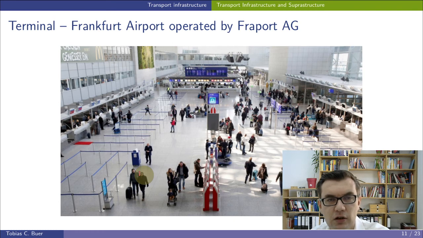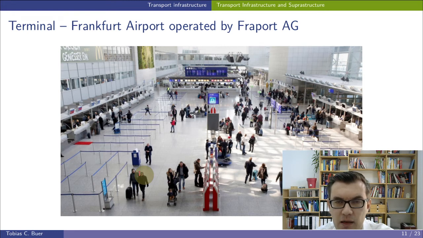This is a picture of Frankfurt Airport, operated by the company Fraport AG, an Aktiengesellschaft, a corporation. And this is the front area in the main terminal building, and you see the check-in counters to the left and to the right. In the middle, these red terminals are self-service check-in counters, which are very common in Europe.